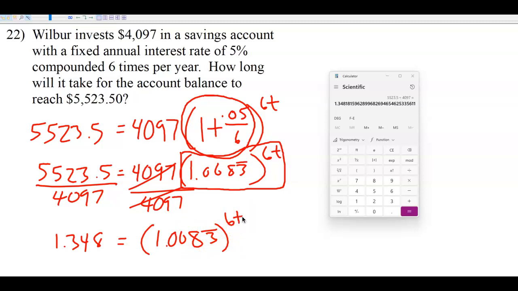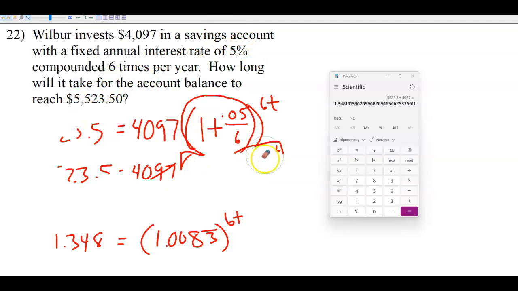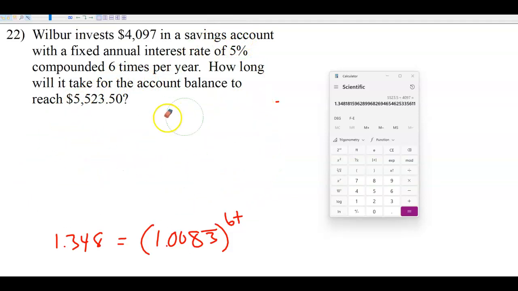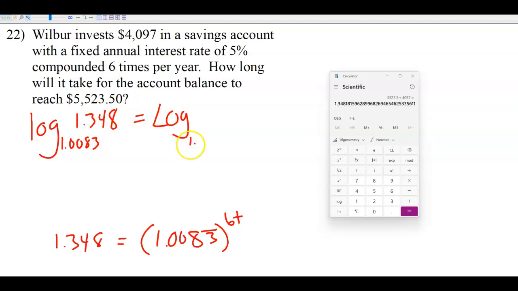All right. Then the next thing that we do is we log both sides. So let's do that. And we're going to be logging both sides with a base of the 1.0083. All right.